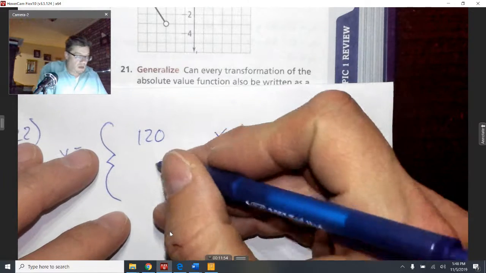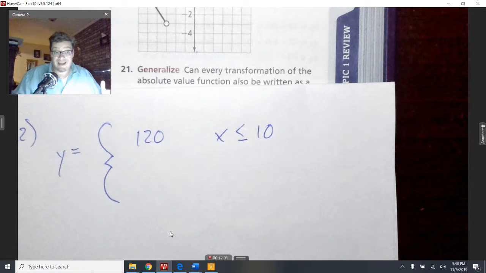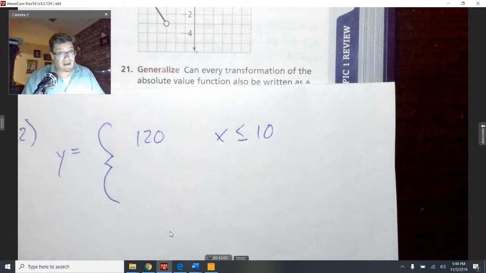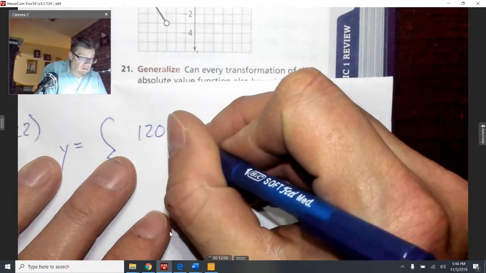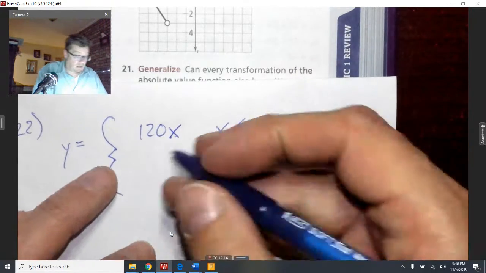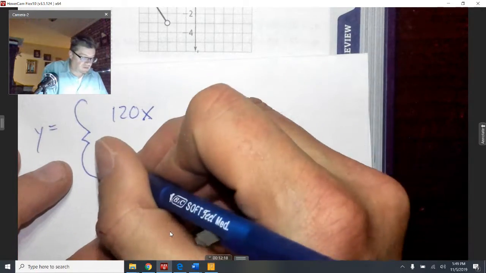So what we do is we figure out, first of all, I want to carry all of those 10 jerseys with me, because if I'm going to buy 11, that means I've already bought 10. 10 is part of the package. And those 10, if I were to multiply by 120, I'm going to have $1,200.